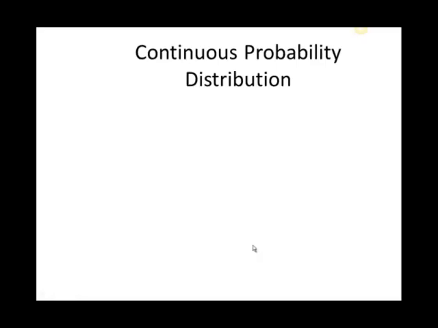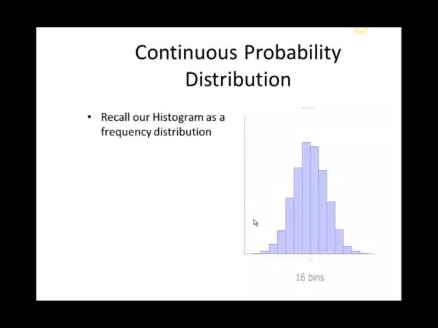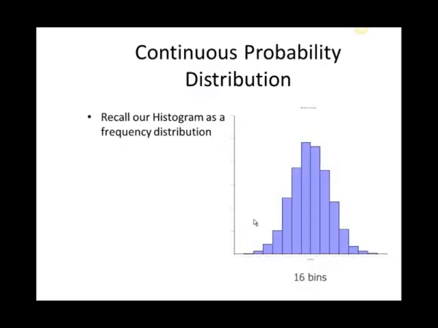And this distribution, unlike the binomial distribution or the generic discrete probability distributions that we talked about previously, is a continuous probability distribution. To set our frame of reference for this conversation, recall our histogram as a frequency distribution. It's a graphical representation of a frequency distribution.